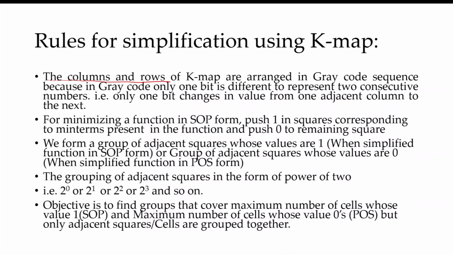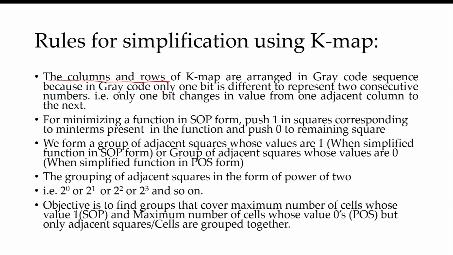When we use a binary representation in a K map, we cannot find adjacent rows, adjacent columns, or adjacent squares, also known as adjacent cells in a K map. That's why we represent the columns and rows of the K map by using a gray code sequence.